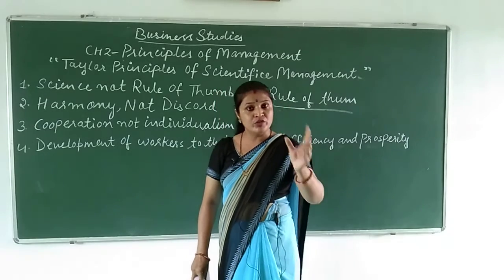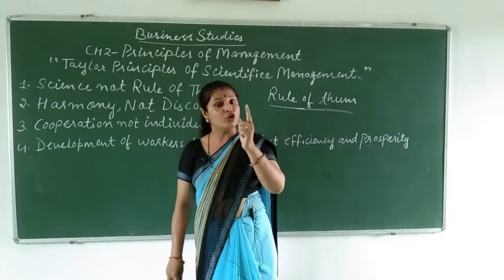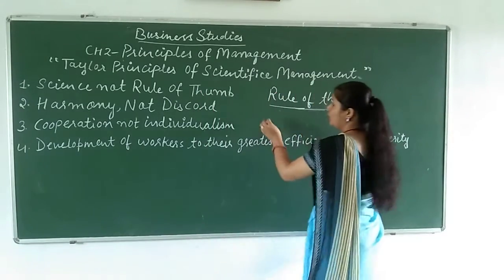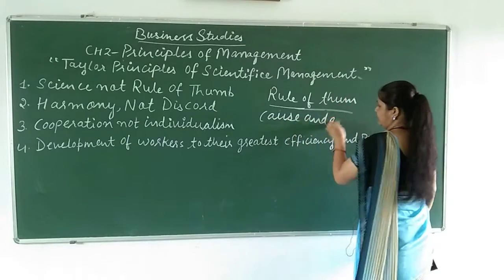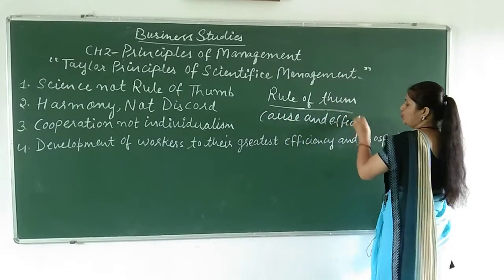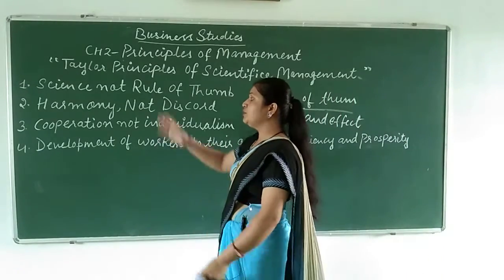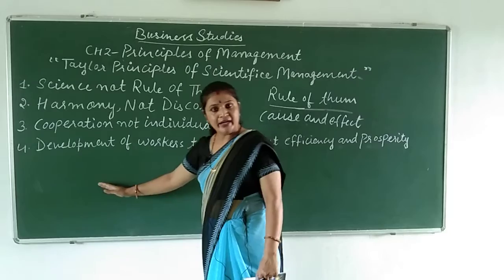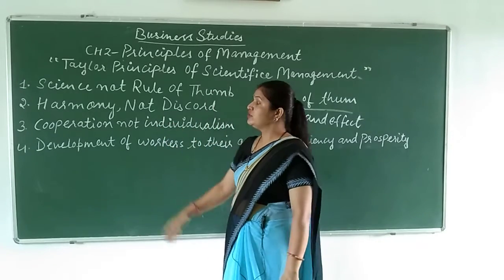There should be observations, and decisions should be based on cause and effect. So he developed 4 scientific principles. Let's see what these principles are.